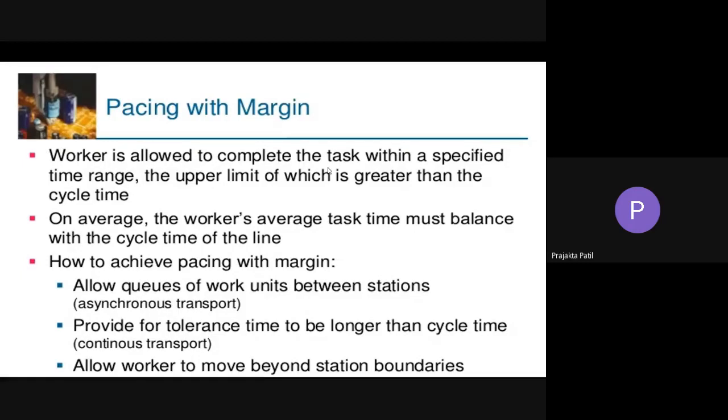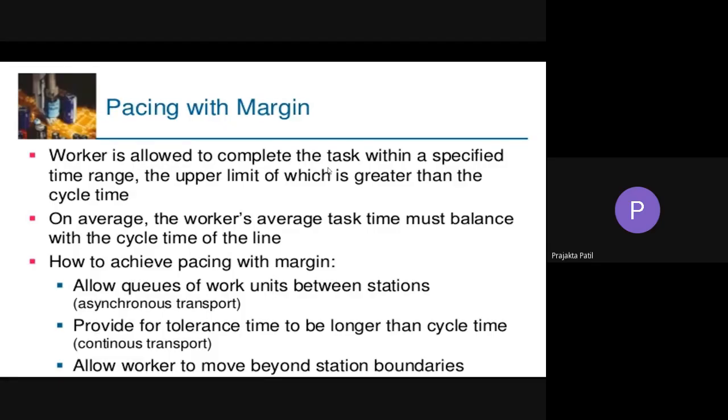Okay, so that is designing the line so that the time a work unit spends inside each station is longer than the cycle time, and this can be achieved by using continuously moving conveyors. Moving on to the third, that is allowing the worker to move beyond the boundaries of his or her own station.